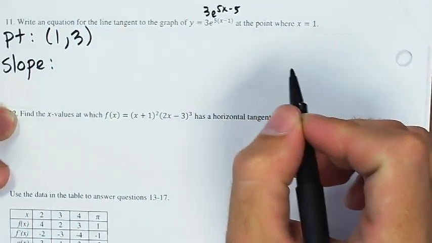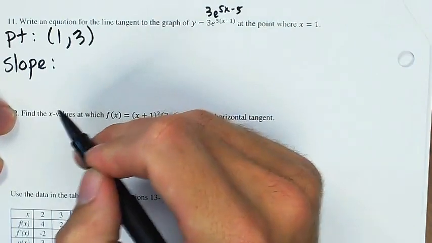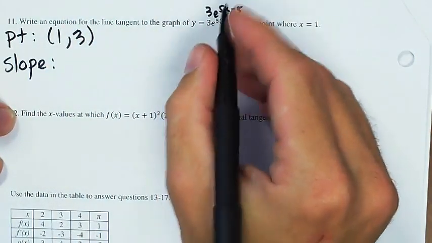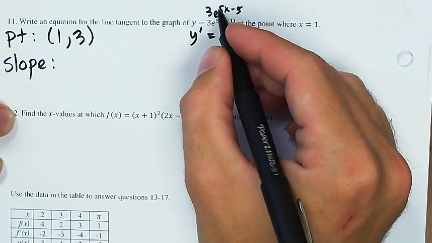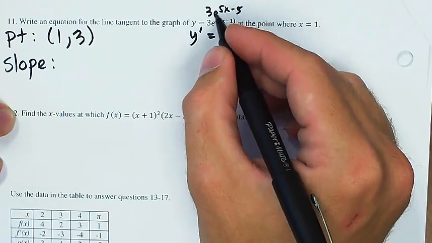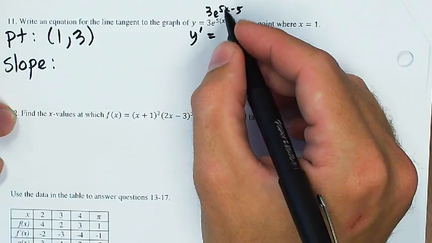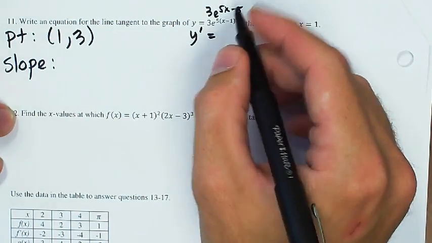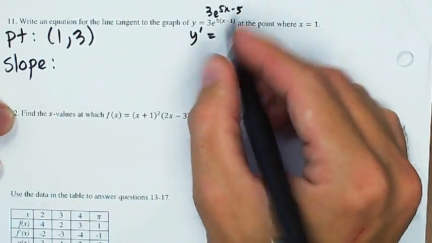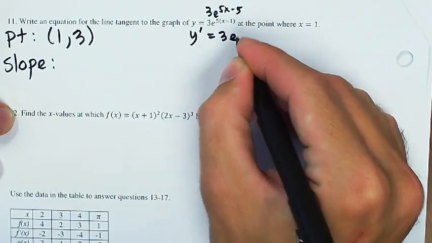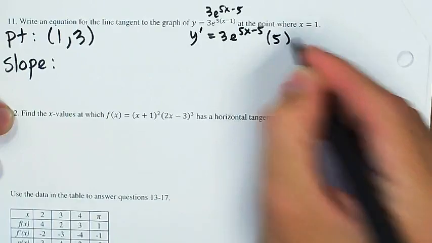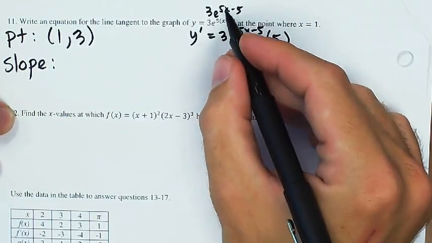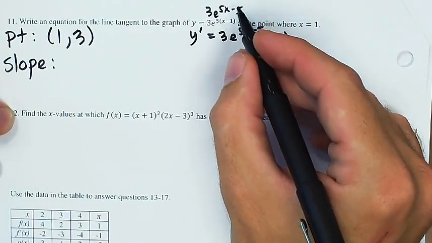I don't know where I got this problem from, but I'm going to say that y prime is equal to, well, e to the u is its own derivative, but if u is in terms of x, then we might have to multiply by the derivative of that for the chain rule. So this is going to be 3e to the 5x minus 5 times 5 for the chain rule, because the derivative of 5x minus 5 is 5 minus 0.